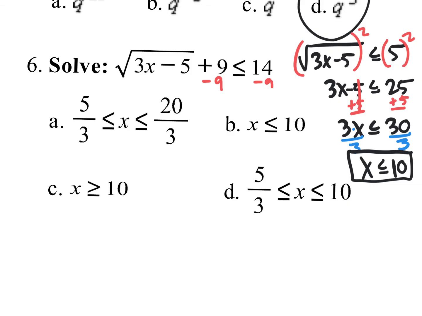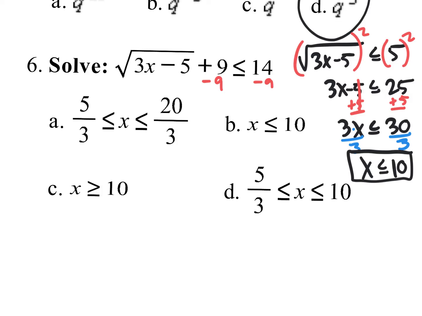Because this is a radical inequality, and we know that since we have a variable in here, we cannot end up with a negative value inside. The value inside the square root should not be negative, because we know that the square root of a negative is imaginary, and we don't want imaginary answers, we want real answers.